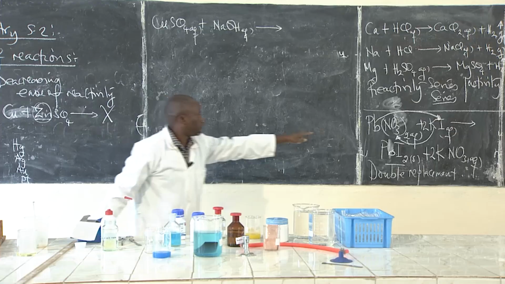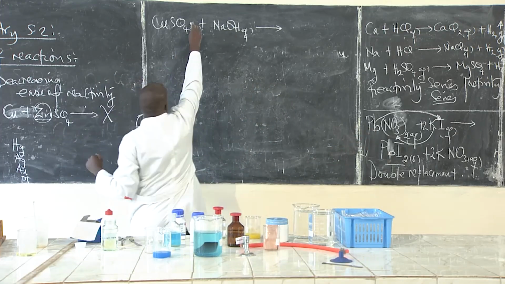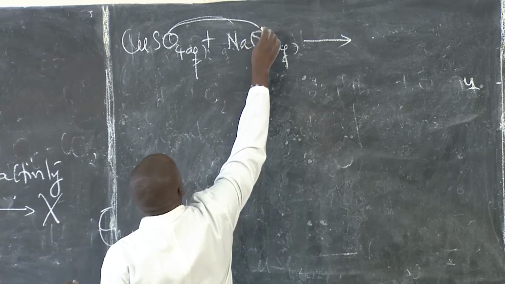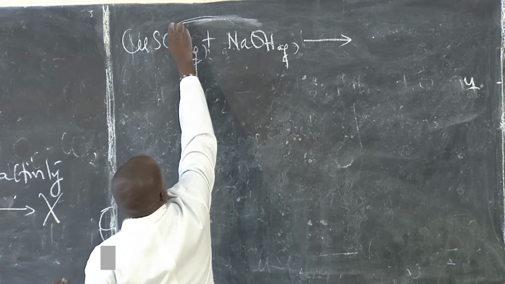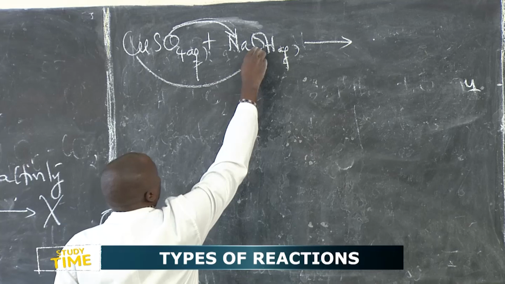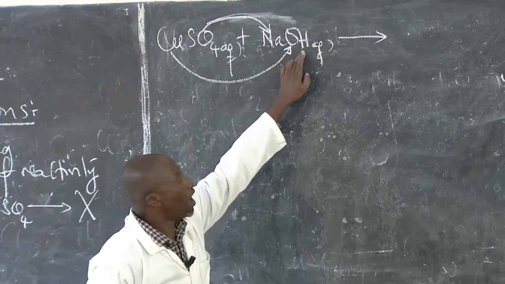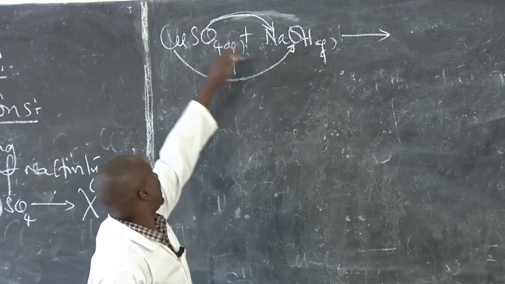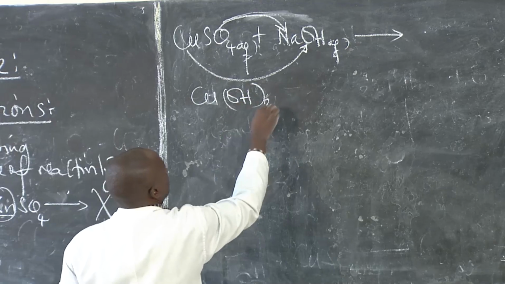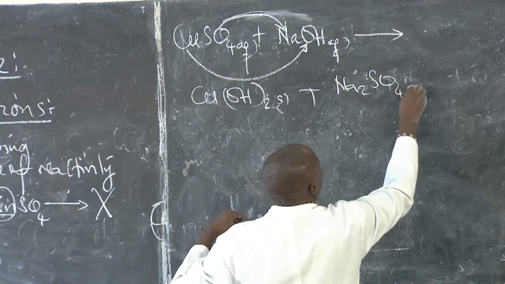Can you just predict from what we did here? So you can easily predict from this one. The sulfate combines with the sodium. So what is happening? The cation of one compound reacts with an anion of the other. So this one gives copper hydroxide solid, plus sodium sulfate.